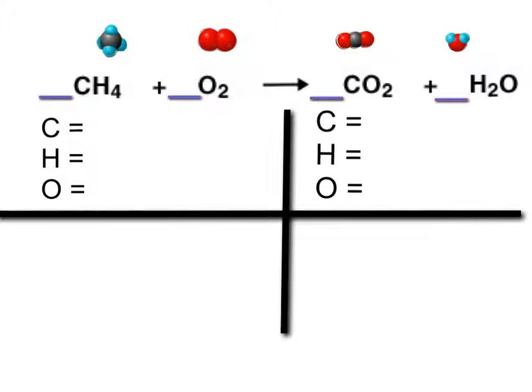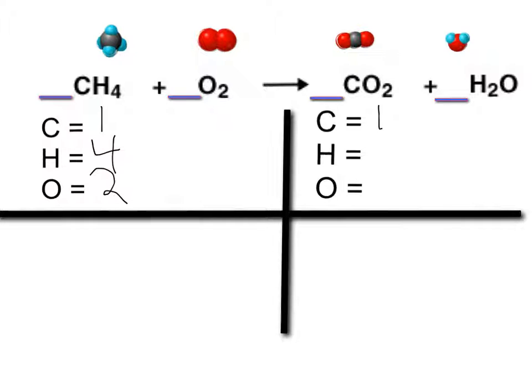In this equation, it may look very hard because of all the different types of bonds, but it really isn't. There is 1 carbon, 4 hydrogen, and 2 oxygen on the left side. Then there is 1 carbon and 2 oxygen, my bad.